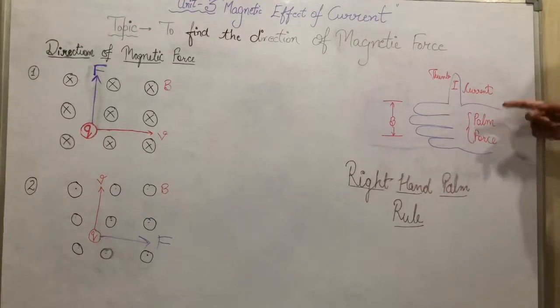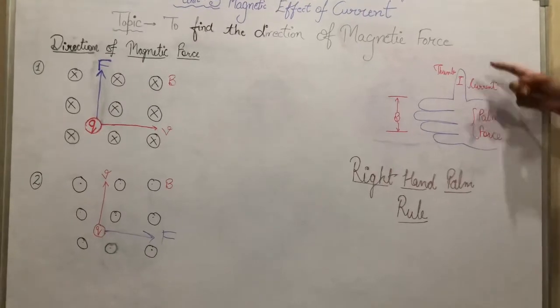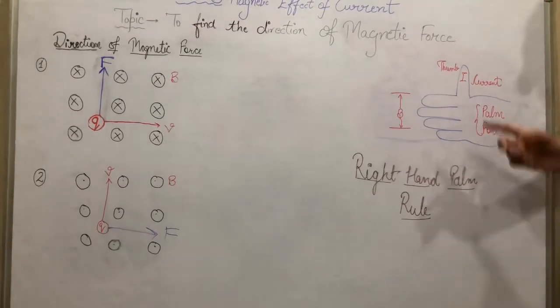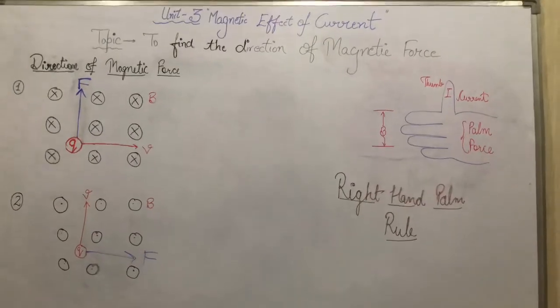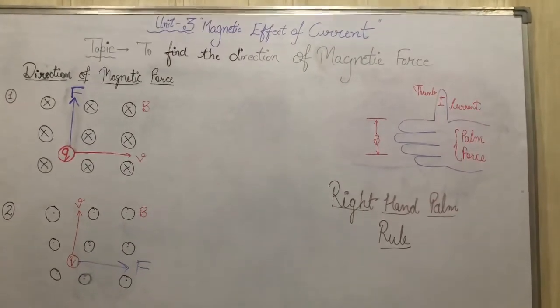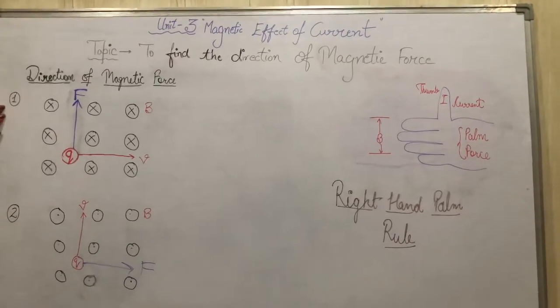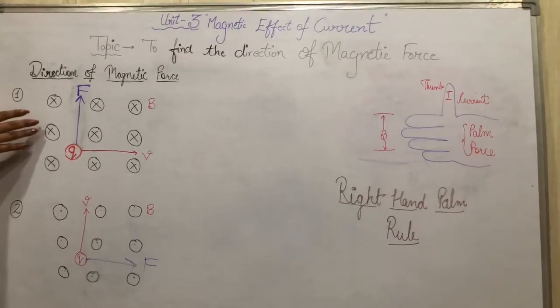So by using this we will find the direction of magnetic force, and now we check the examples by using the palm rule. Now we will discuss the same earlier example with the right hand palm rule. In the first case, magnetic field is inwards.